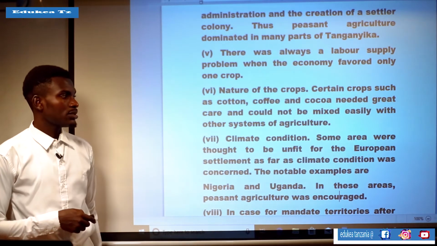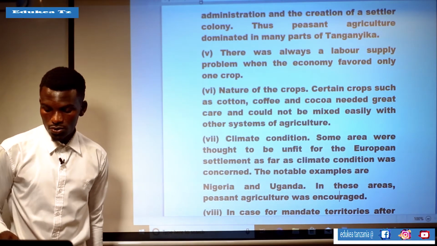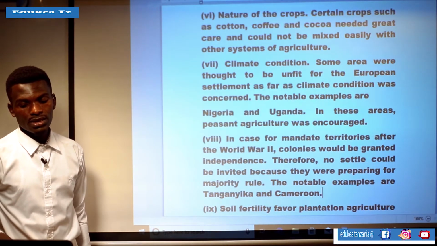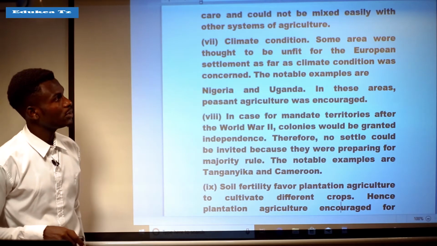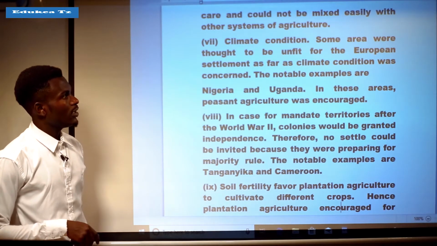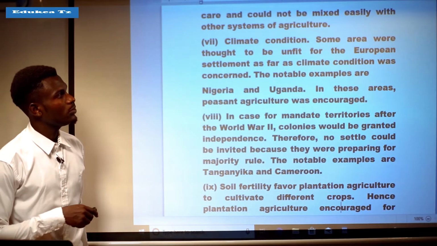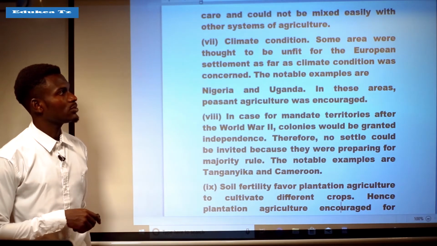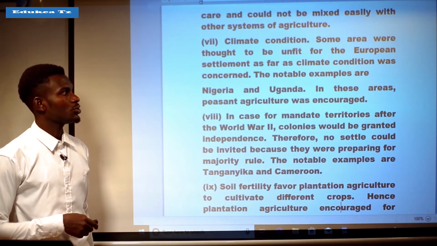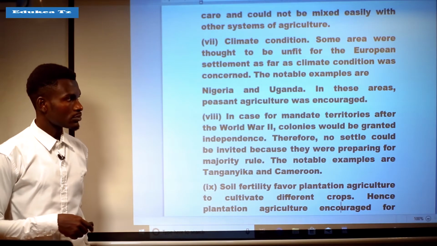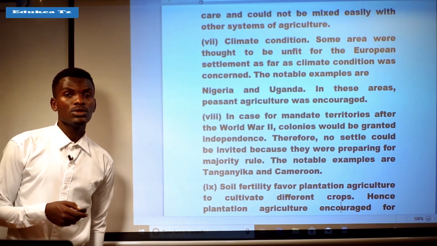Another factor that determined the establishment of agricultural systems was climatic condition. Some areas were thought to be unfit for European settlement as far as climate was concerned.